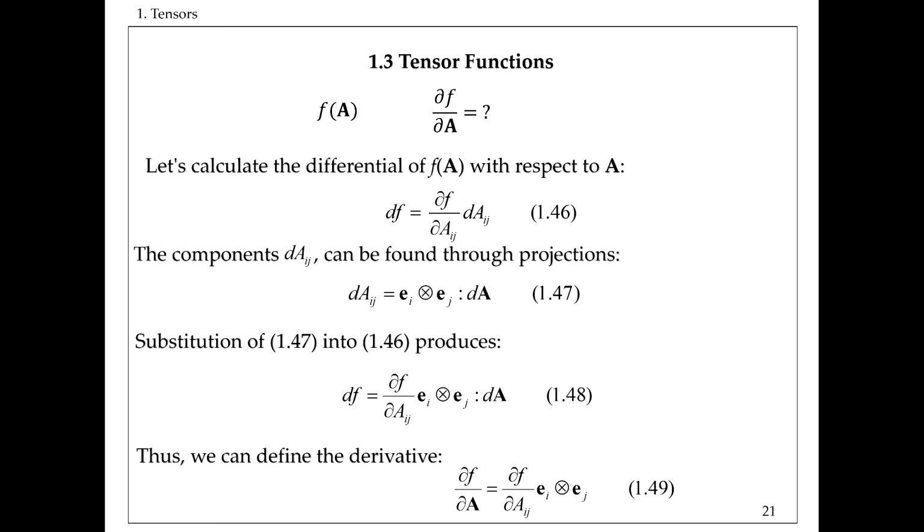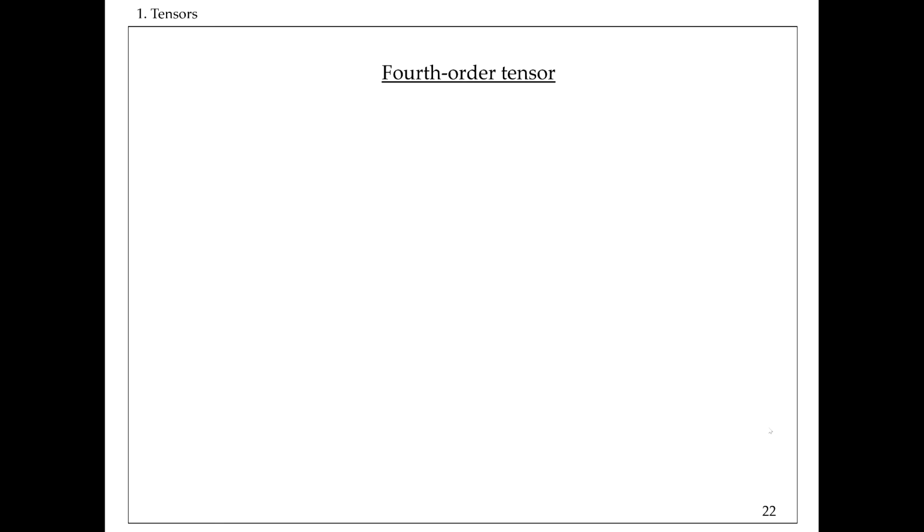Now, just as an example, and to make a connection of these abstract objects to some physical meaning, let's generalize this for higher order objects. We can produce by this operation a higher order tensor.